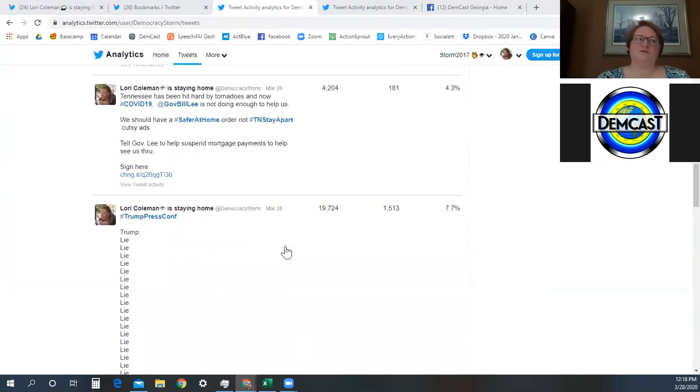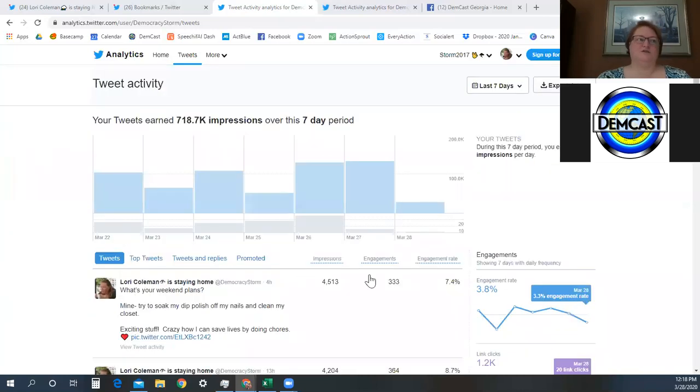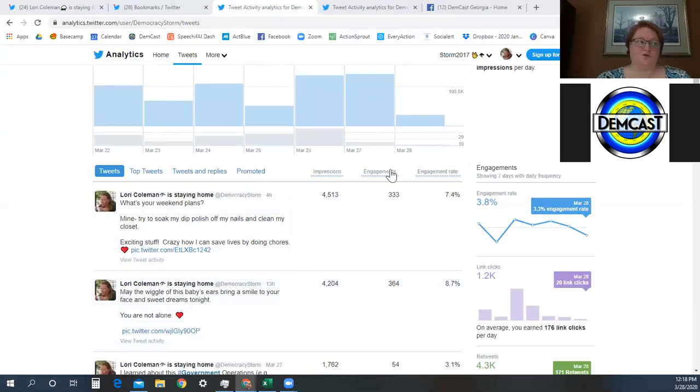Because the more clicks you get, the more engagements you get, and the higher your engagement rate is, the higher you go up in the Twitter algorithm. So it's more likely that more people see your tweet, the more engagements you can generate around it. Okay.